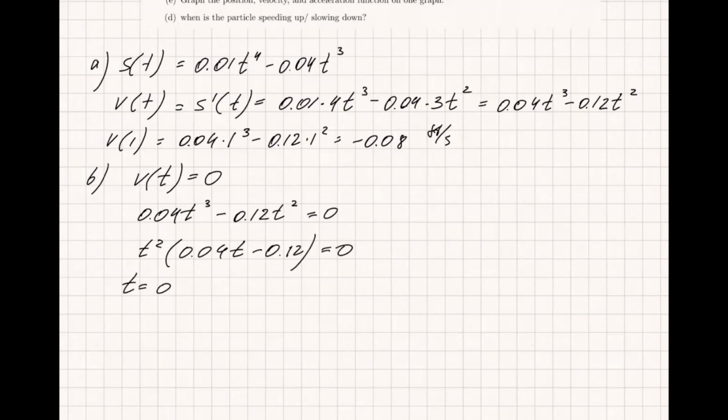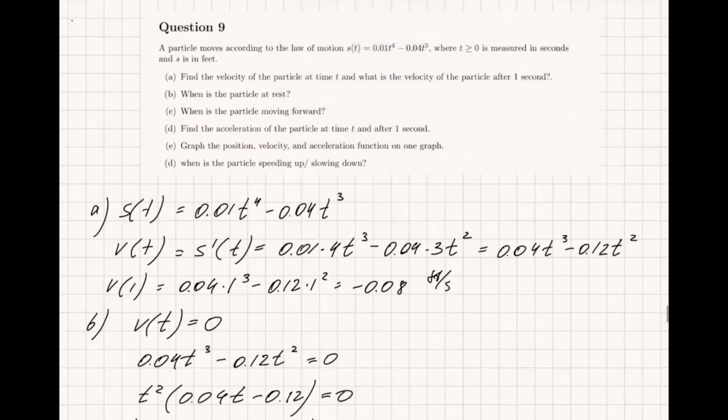So we have either t equals 0 or 0.04 t minus 0.12 equals 0. So t is equal to 0.12 over 0.04, which is 3 seconds. So the particle is at rest at 0 seconds and at 3 seconds.